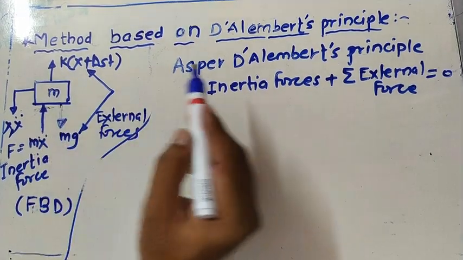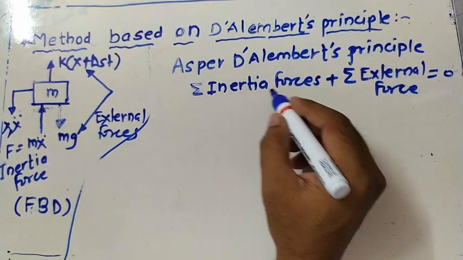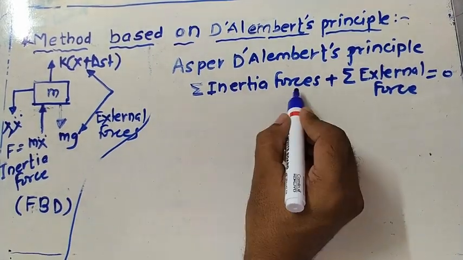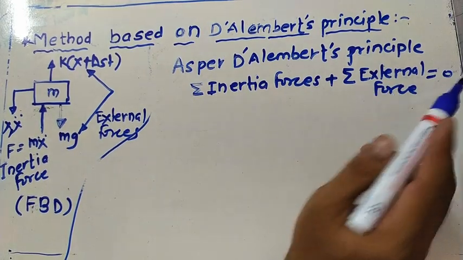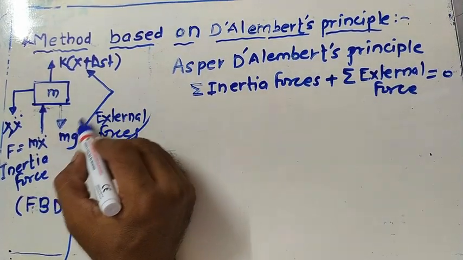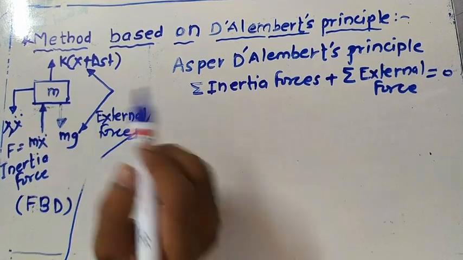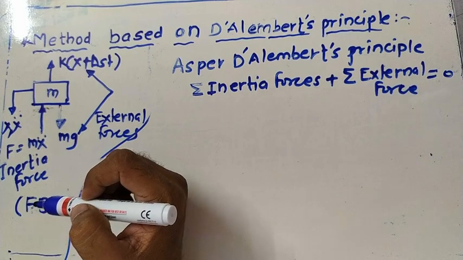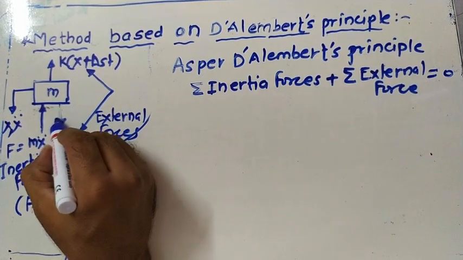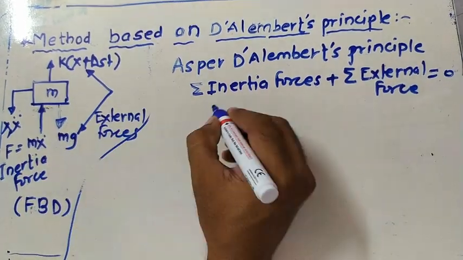So as per D'Alembert's principle, the summation of inertia forces plus the summation of external forces equals 0. As per our discussion, these two forces indicate the external forces, and this is the inertia force. The various notations we have already seen.